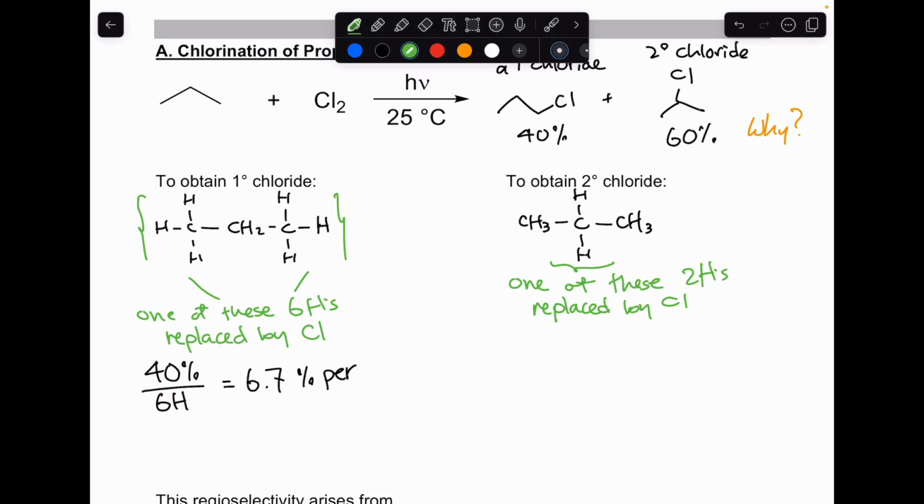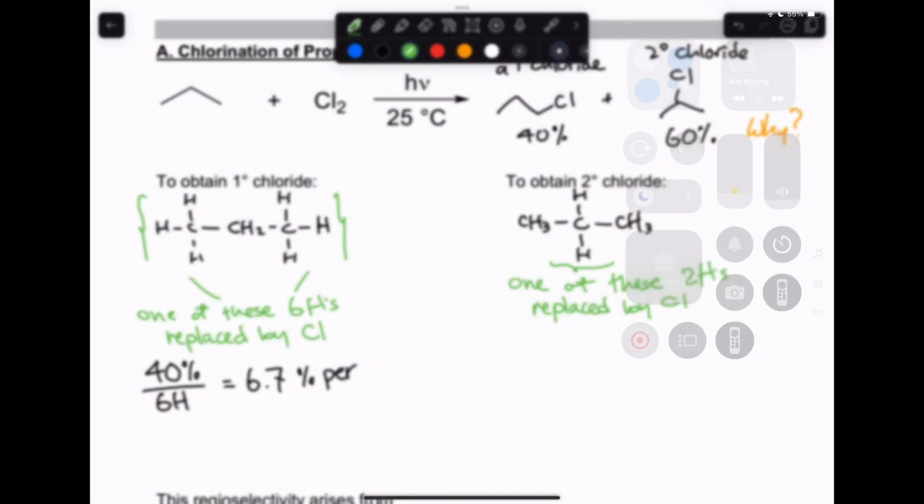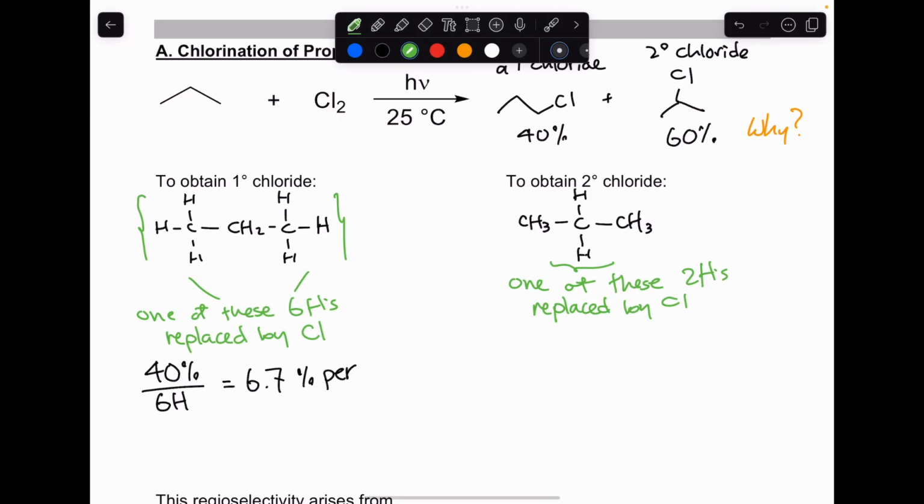Right. One of these has to be replaced by chlorine, and so the yield was 60%, with 2 hydrogens, so that's 30% per hydrogen. I forgot to say that earlier. Now, again, that's kind of a measure of the reactivity of a secondary hydrogen towards chlorine radical chlorination.